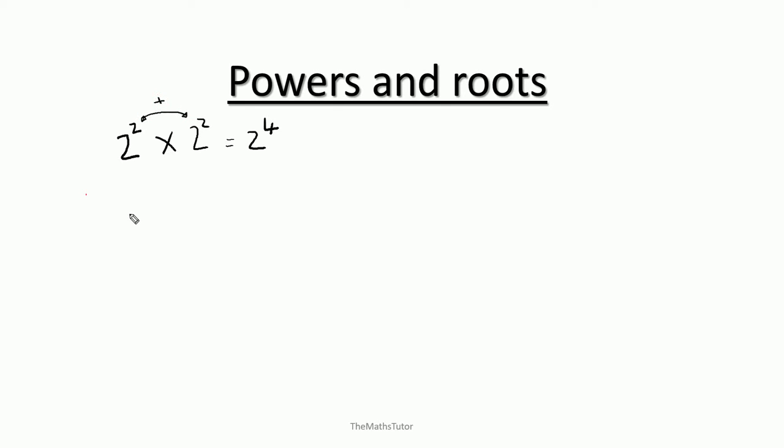And if I were to ask you what 2 to the power of 3 divided by 2 to the power of 2, or 2 squared is, because this is a divide, you would minus the powers. So you would do 3 minus 2, which is 2 to the 1, which can also be written simply as 2, because it's effectively 2 times by itself one time, which is just 2.